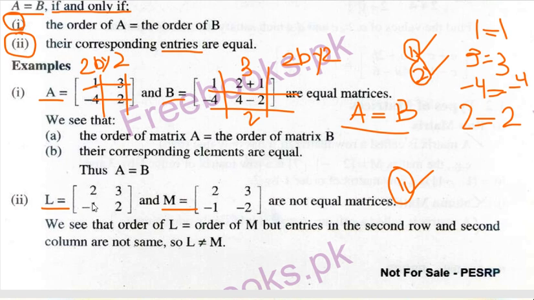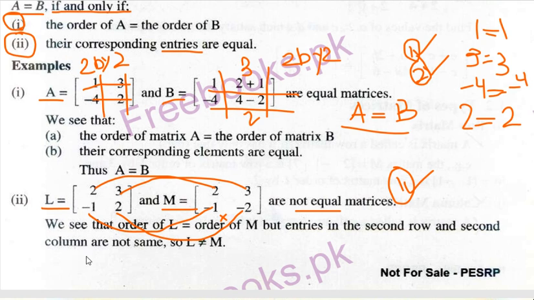Let's check the second one. 2 equals 2, okay. 3 equals 3. Minus 1 equals minus 1, okay. 2 is not equal to minus 2. One entry is different, so matrix L and matrix M are not equal.